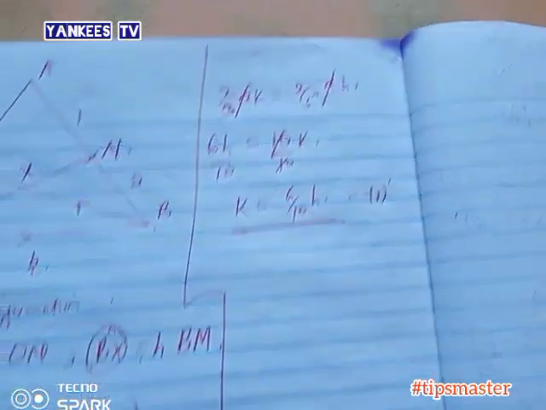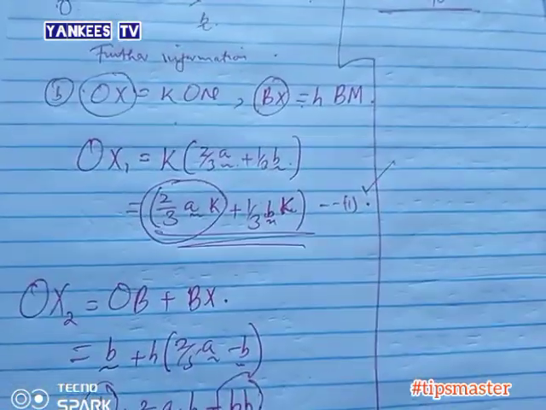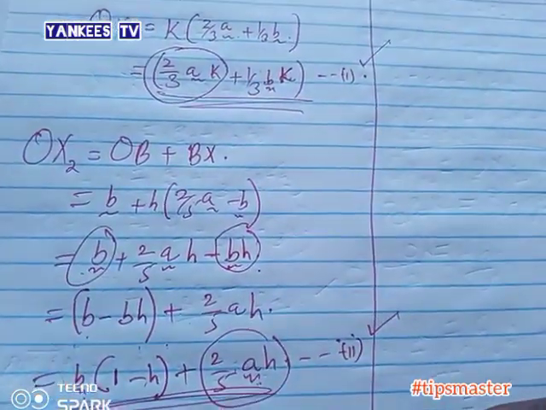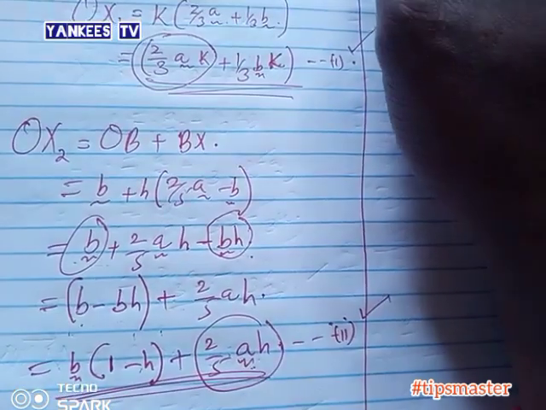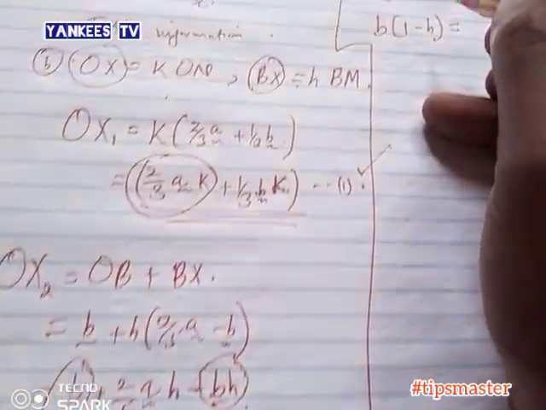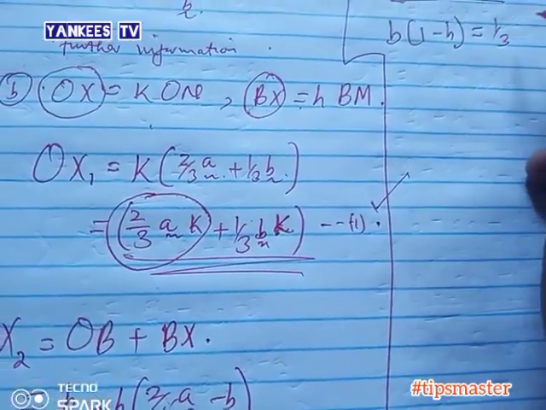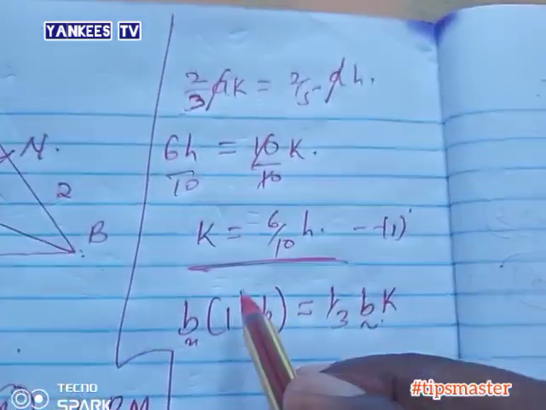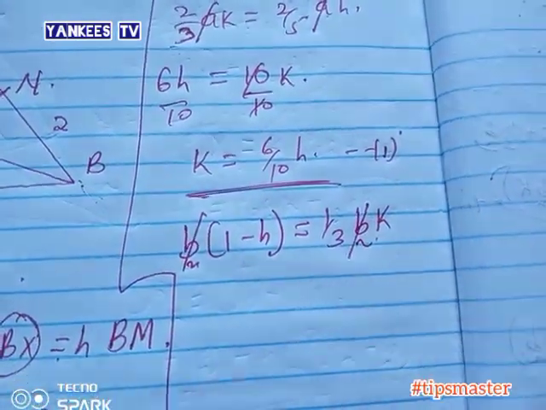Then we also have to equate the other two parts. If the first parts were equal, then the other two parts also are equal to each other. So B into 1 minus H is also supposed to be equated to a third BK, because they are the ones bearing vector B. B again eliminates each other.